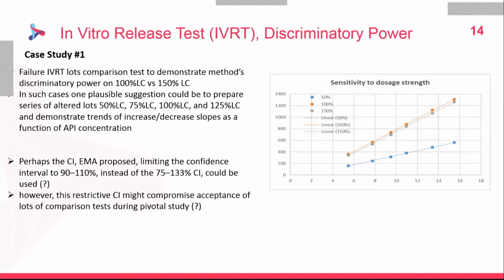Perhaps it makes sense to narrow the confidence interval, for example, as EMA proposed, 90% to 110% instead of the 75 to 133 confidence interval. However, a restrictive confidence interval might compromise lots during the pivotal study. So this is an issue to be considered when you tighten the acceptance range.